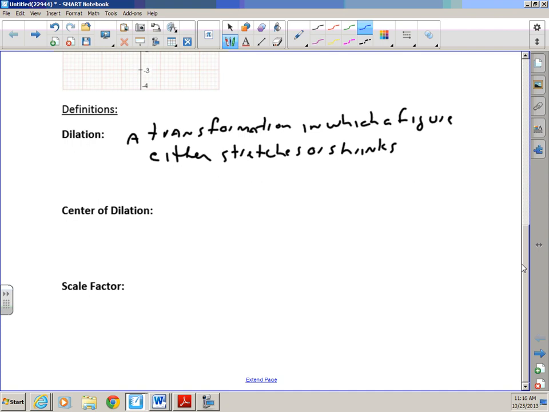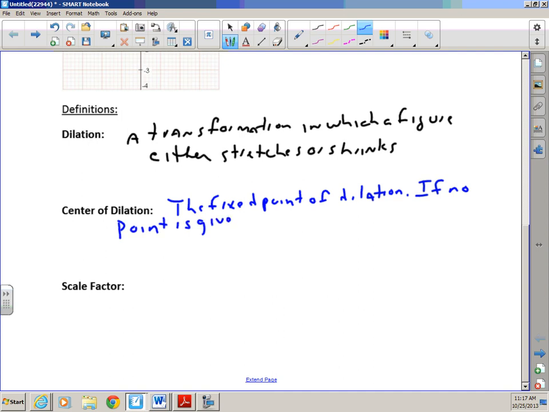Now, the center of dilation is the fixed point of dilation. If no point is given, then it is the origin.